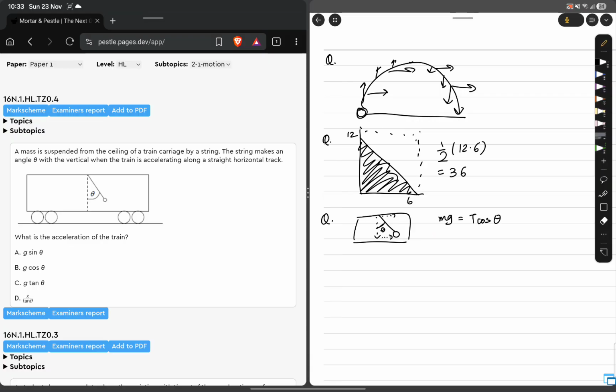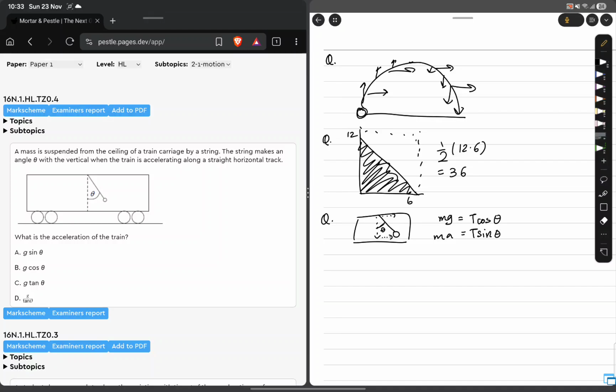And then for the horizontal component, it is tension, MA, because it's accelerating forward, is equal to tension into sine theta.